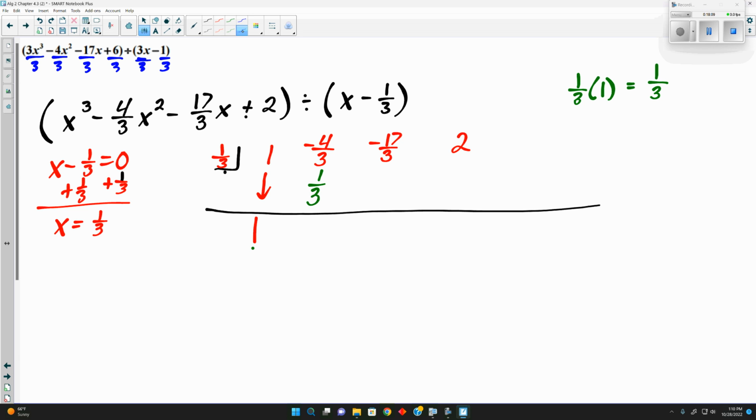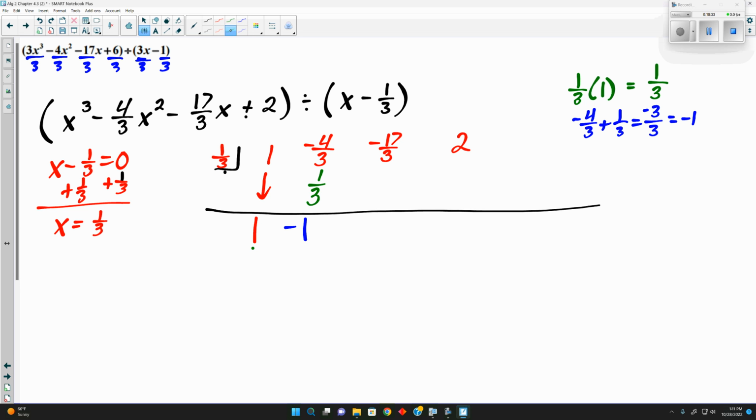Well, a calculator will do that quite nicely, won't it? So we do negative 4/3 plus 1/3. And if we did this by hand, the denominators are already the same, so we can add the numerators, yes. Negative 3/3, which is negative 1.